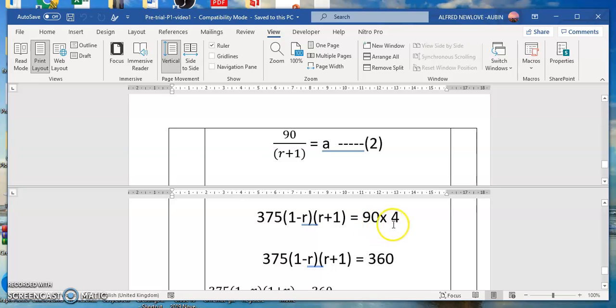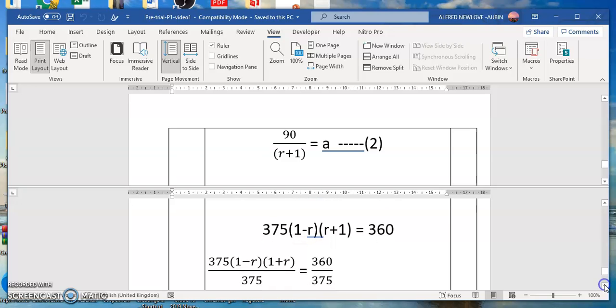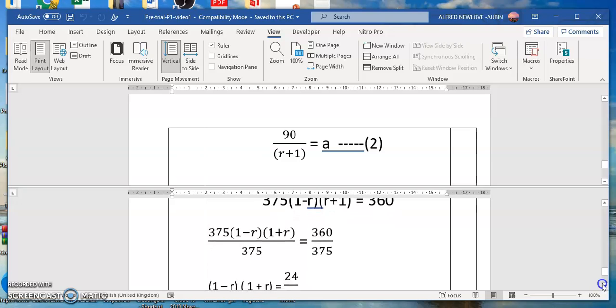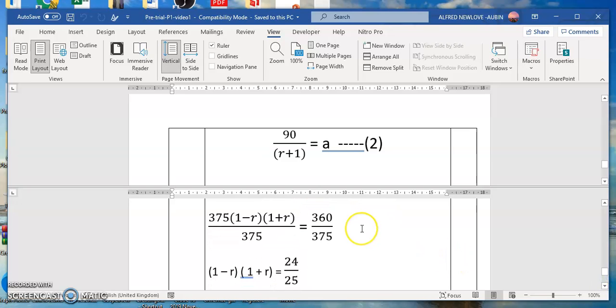Then 90 minus 4 is going to give us 360. Then we want to remove this coefficient, so we divide both sides by 375. If you divide that by 375, we are going to get 24 over 25.